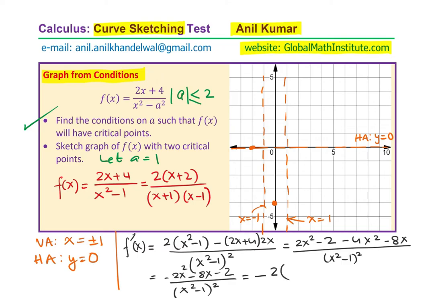And we get here x squared plus 4x plus 1 over x squared minus 1 whole square. Correct. Now from here, you can find the critical points.